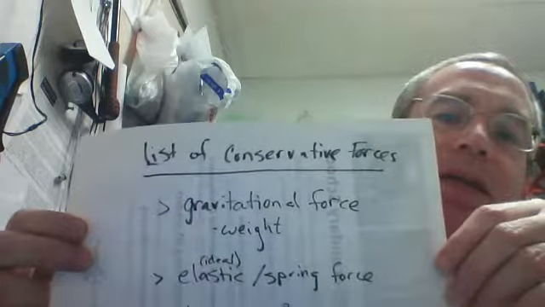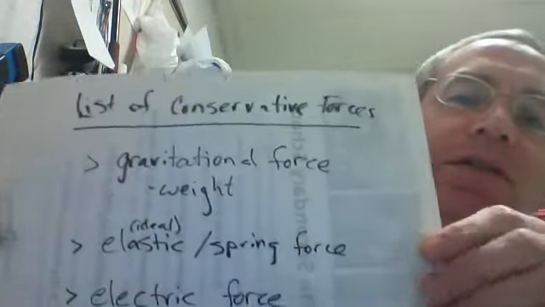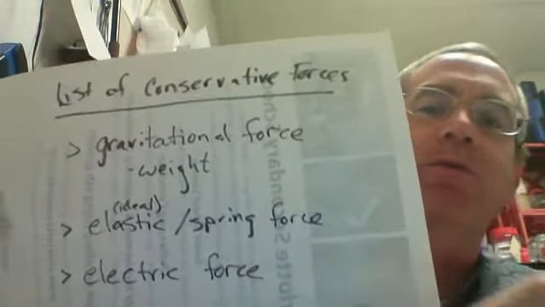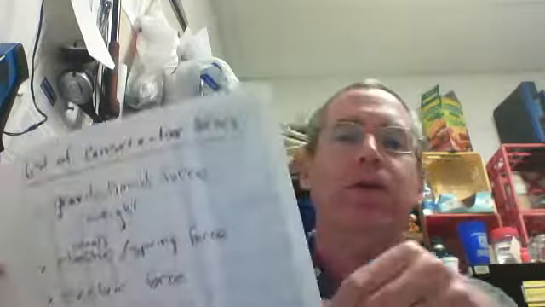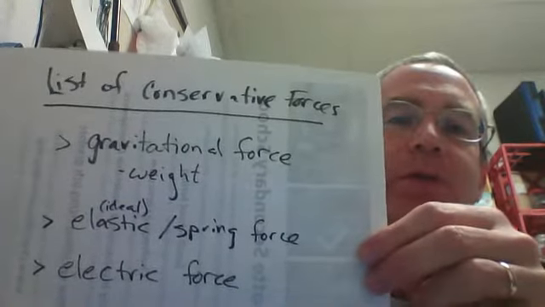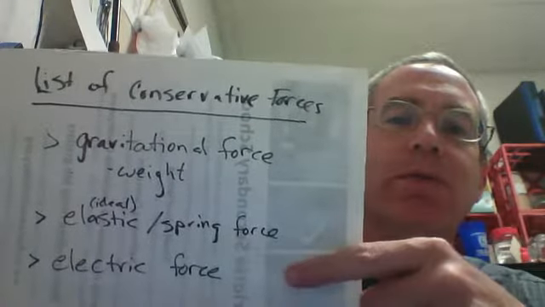Eventually, we'll add in elastic spring forces. The word right above elastic is the word ideal. And then, of course, I just exposed it, the electric force, that is the last one. So those are it. We have gravitational forces, we have elastic or spring forces, and we have the electric force, which we get to near the end of the course in 110.